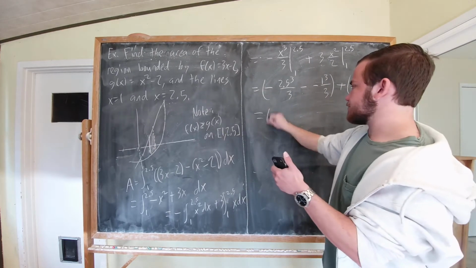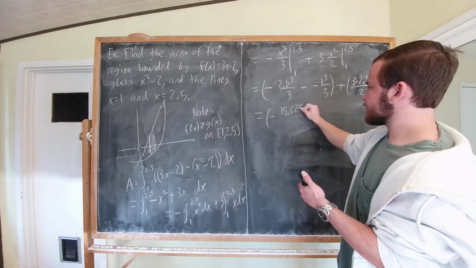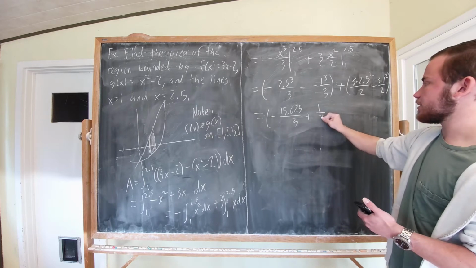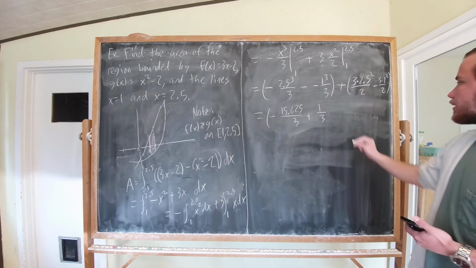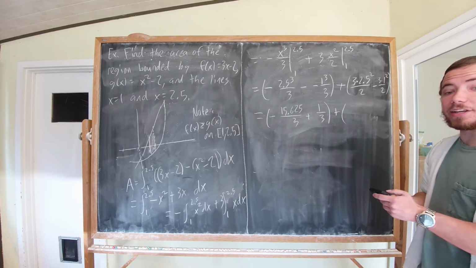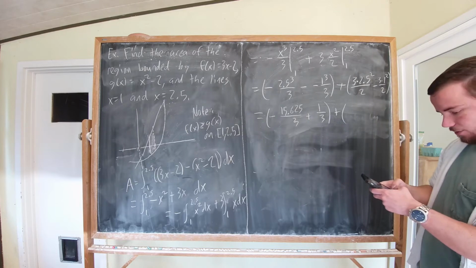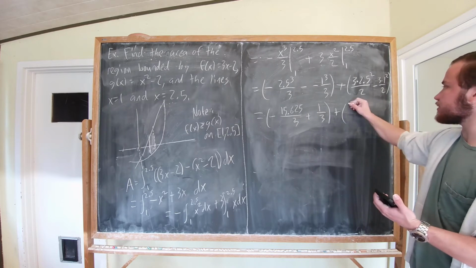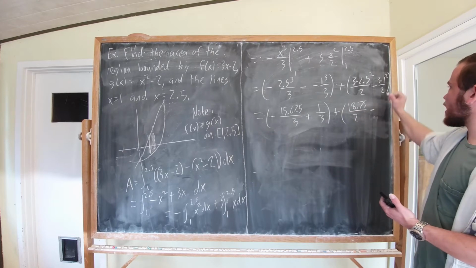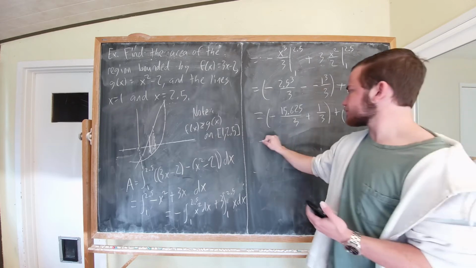2.5 cubed ends up being 15.625. We're going to have plus 1/3. Plus, 2.5 squared is 6.25, times 3 is 18.75. And then 1 squared is just 1, so we can have minus 3 halves.